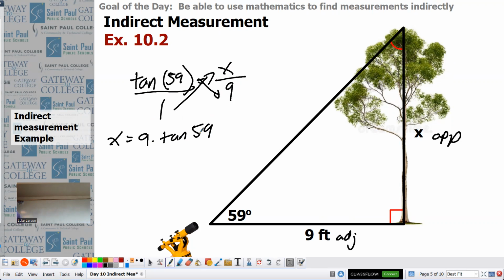Switching over to my trusty calculator, 9 times the tangent of 59, and I get 14.978. If I round up, that would be 15. The reason I didn't get exactly 15 is because that angle technically is not exactly 59. It's 59.0 something.